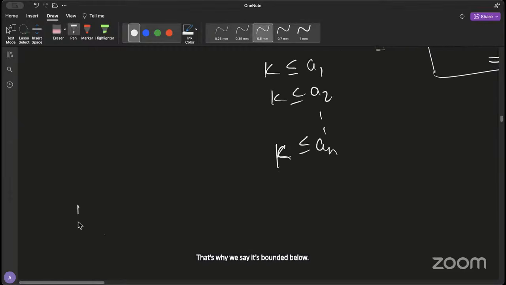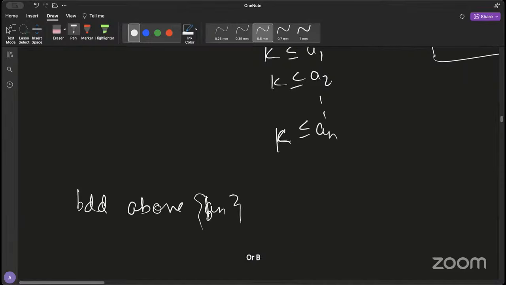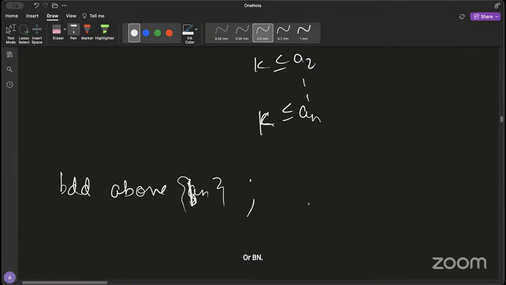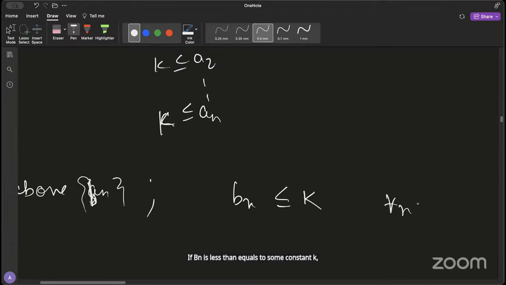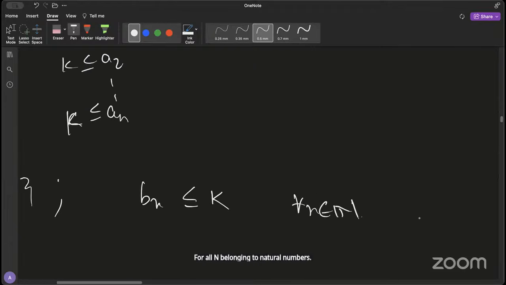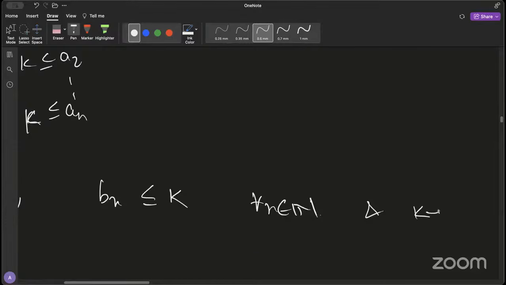Then the next one is bounded above. So bounded above means we say Bn is bounded above if Bn is less than or equal to some constant k for all n belonging to natural numbers, and k is a constant belonging to real numbers.